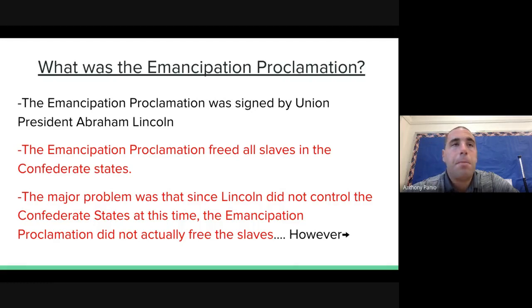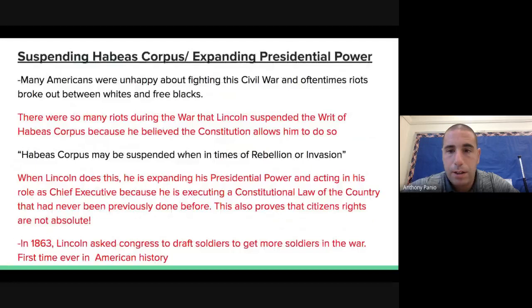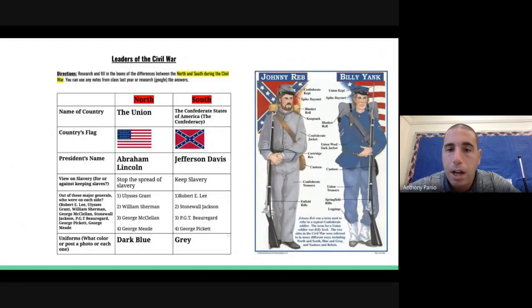All right. There's a major problem with this. This is what a lot of people don't understand, but you guys as 8th graders will by the end of this lesson. The major problem was that Lincoln was not the president of the Confederacy. He did not control the Confederacy. They had a separate guy, if you remember correctly, the name, it's okay if you don't. Their president in the Confederacy was Jefferson Davis.